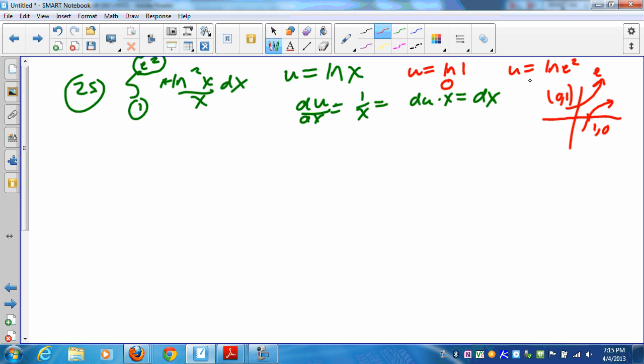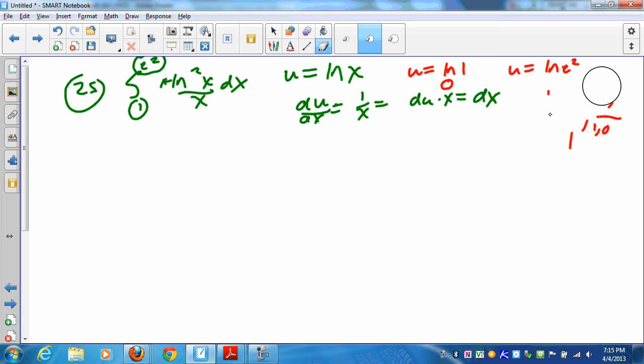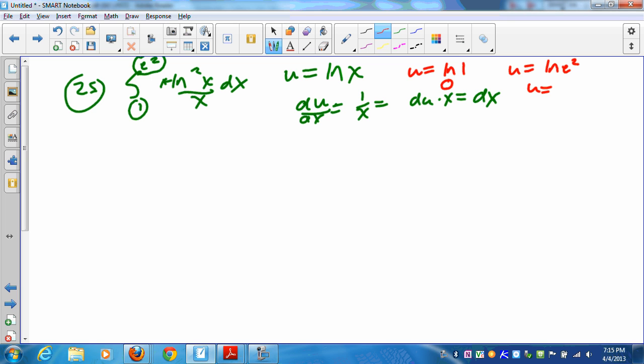So what do we get? Well, you could use the power rule over here to simplify this. U is equal to 2 ln of e, and since ln and e cancel, the upper limit would be 2. So let's rewrite this. We have 2 to 0, and now let's take care of this. Ln of x is equal to what?